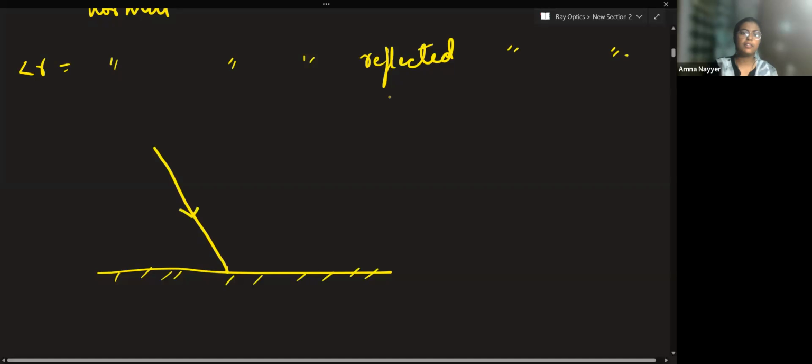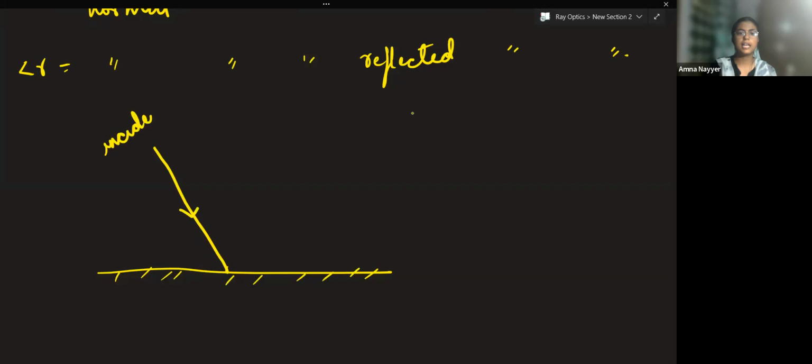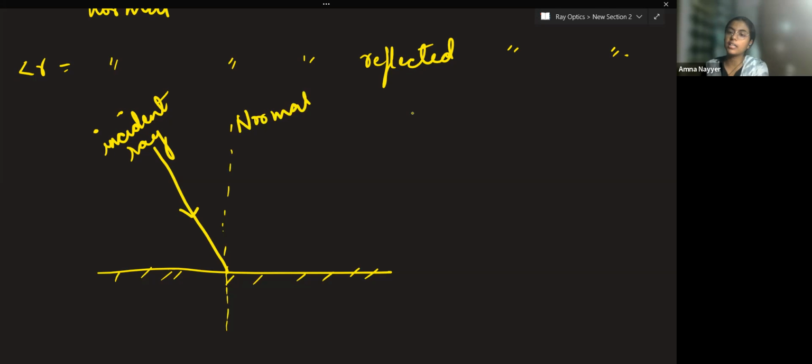Now see, a ray of light is incident. This is an incident ray. Perpendicular to the surface, we drop an imaginary line, which is referred to as the normal. Remember when we did electric flux and magnetic flux, we used the term normal, the number of field lines crossing a unit area normally.